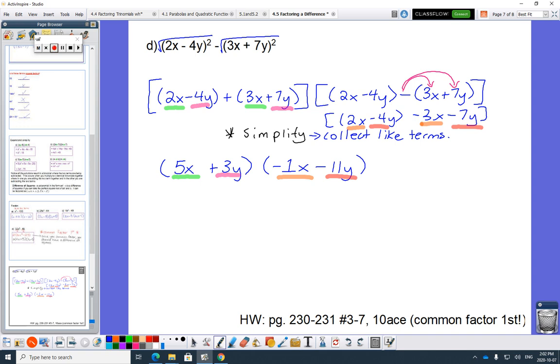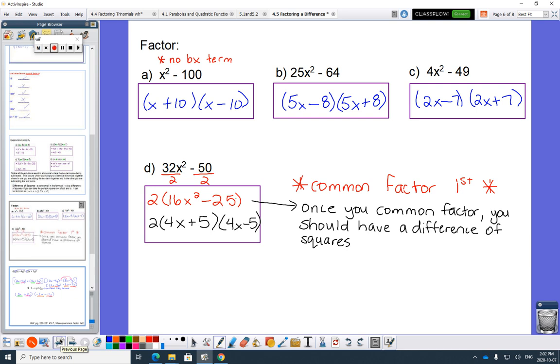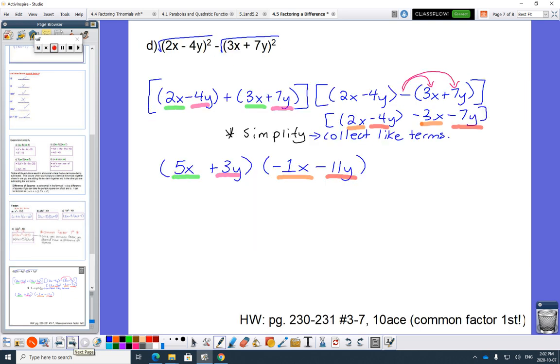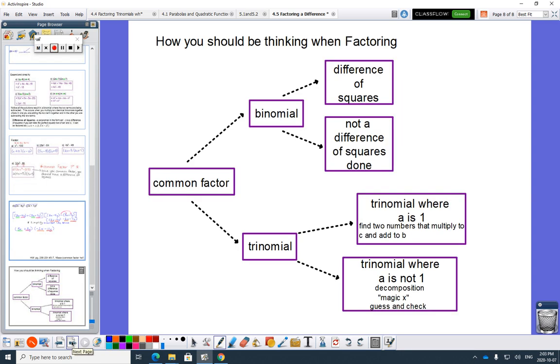So normally the toughest type of question would be one like this, where you have to do the common factor first. I think this is an example from the old textbook. Okay, so now you have a choice. When you are factoring, first of all, you always have to common factor, and then do you get a binomial or a trinomial? Binomial is 2 terms. Trinomial is 3.